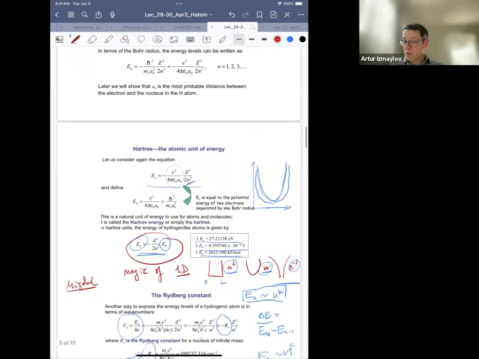Now, we go to the energies and see, let's see. So this is the energy. We could write these energies in atomic units, right? So that's where it's very convenient.